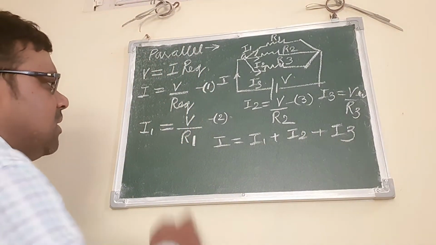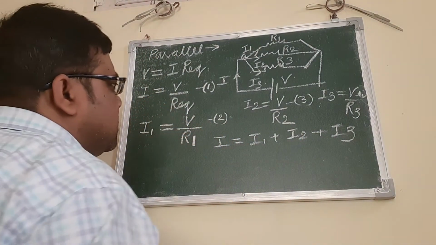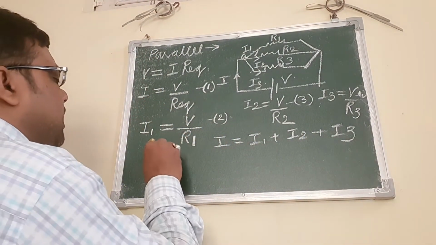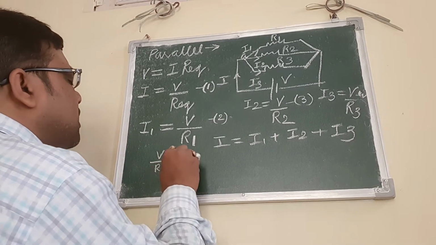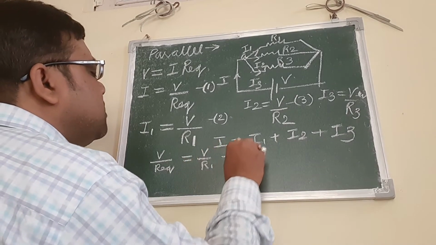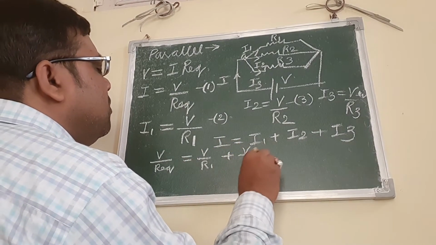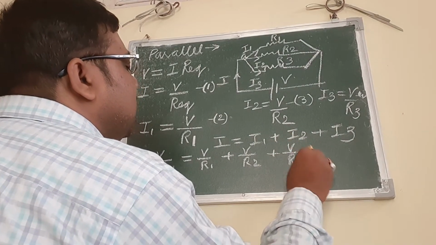Substituting the values of I, I1, I2, I3 from equations 1, 2, 3, 4, we get V upon R equivalent equal to V upon R1 plus V upon R2 plus V upon R3.